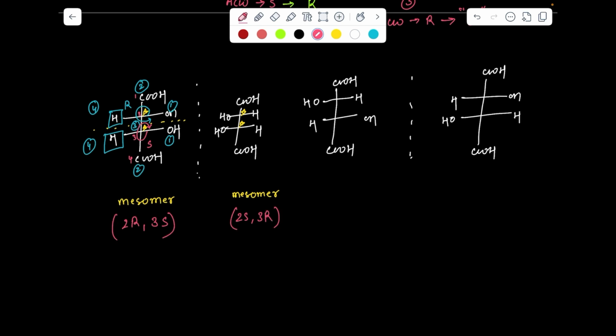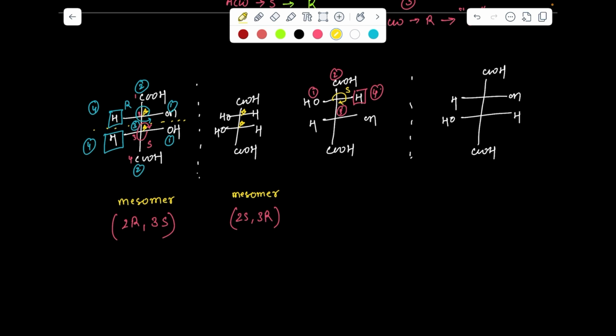Same thing here, we can apply. Oxygen is heavier, then COOH, then the bottom side, and the least priority is on the horizontal line, number 4. So if we rotate 1, 2, 3, it's clockwise. Clockwise means R, but it became S because the horizontal line has the least priority group.